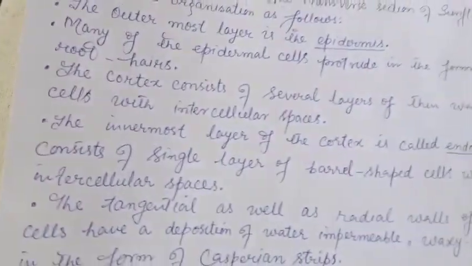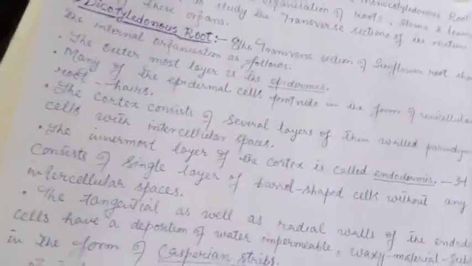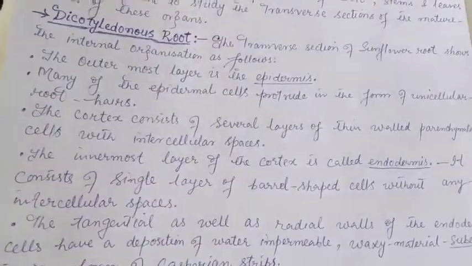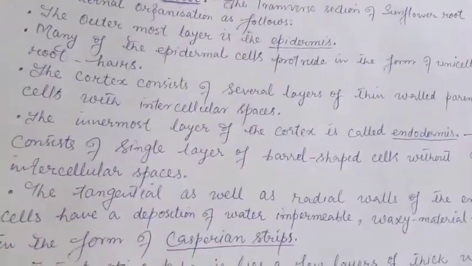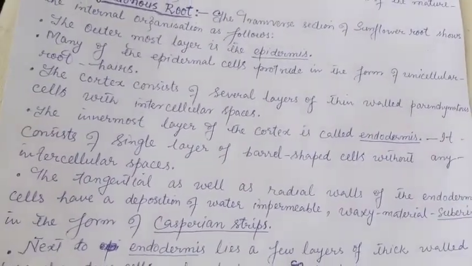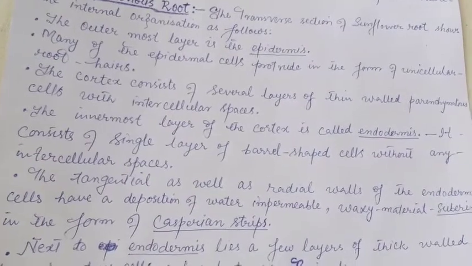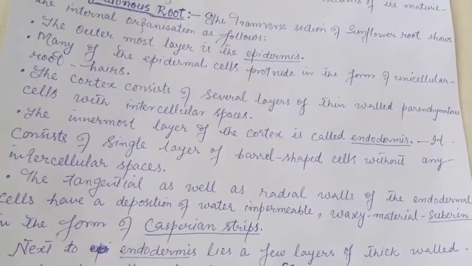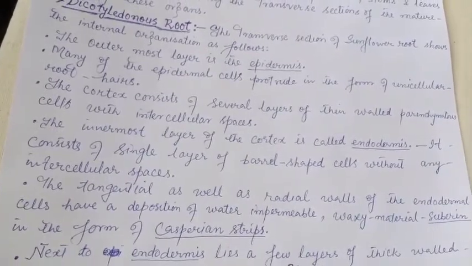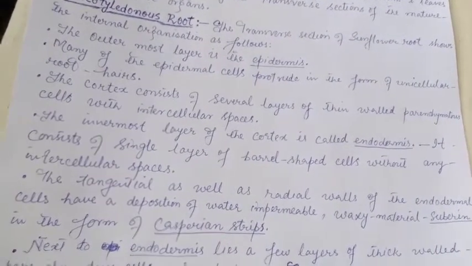It consists of a single layer of barrel-shaped cells without any intercellular spaces. That means they are tightly packed. The tangential as well as the radial walls of the endodermal cells have deposition of water-impermeable waxy material suberin in the form of Casparian strips.